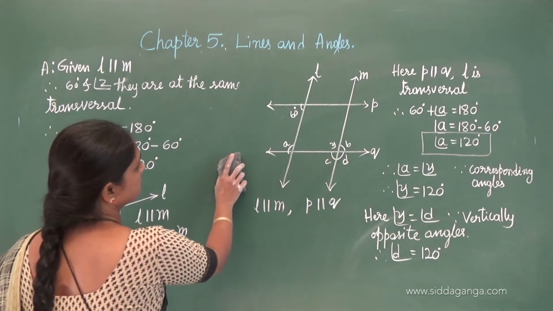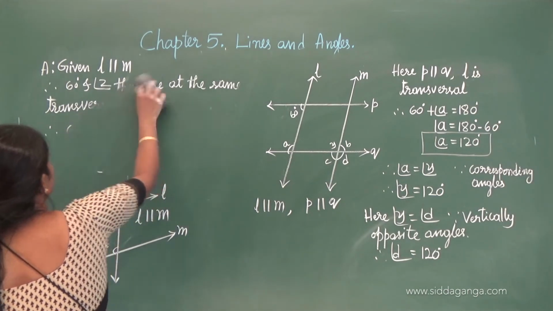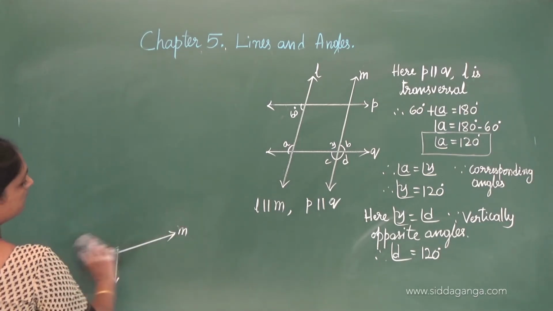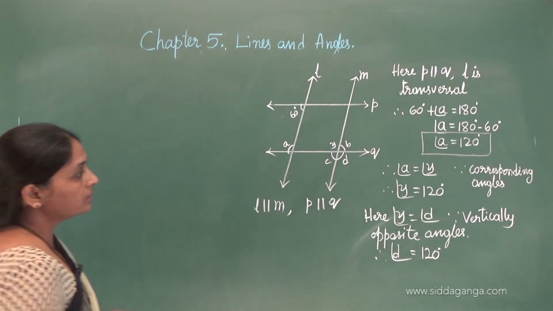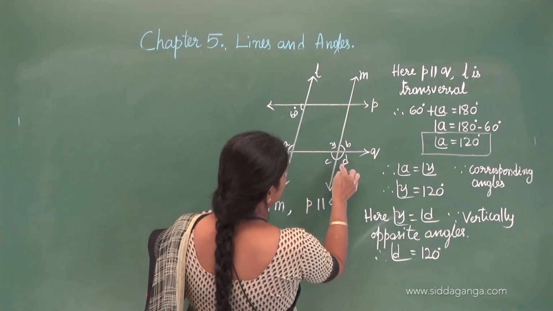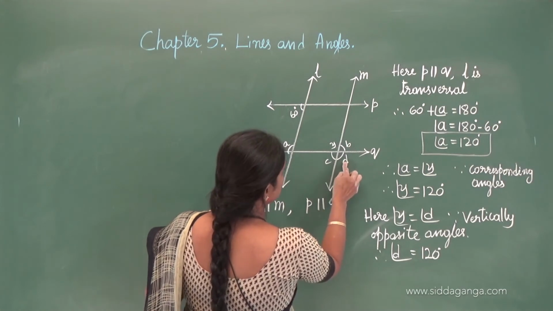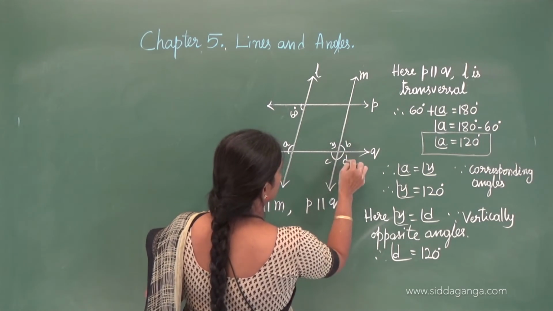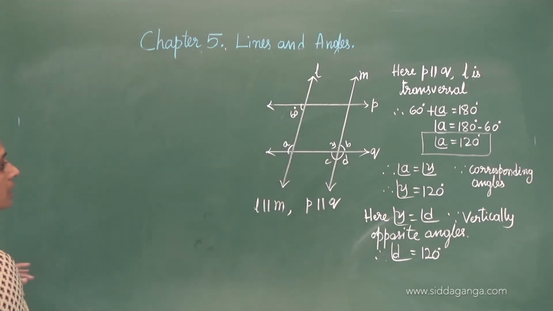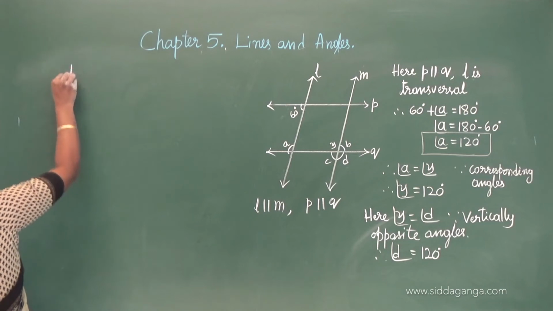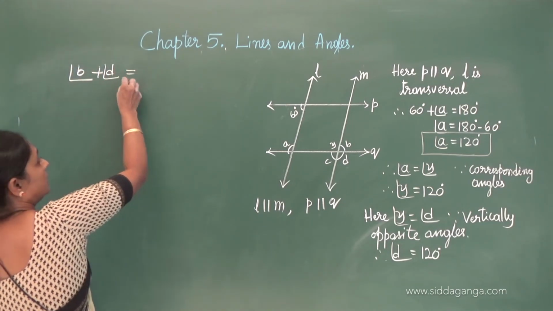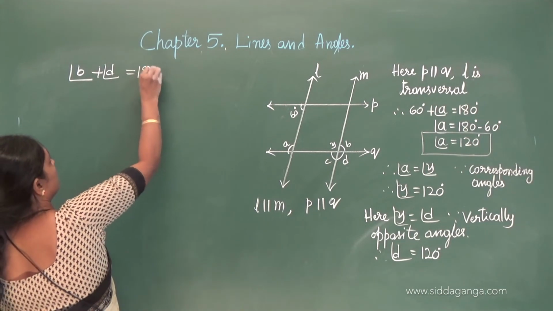Then we can use D and B. D and B are, so like this, D and B. If we consider M is a transversal, then angle B plus angle D, they are linear pair, then they make 180 degree.